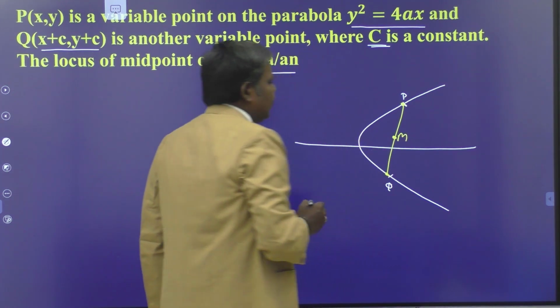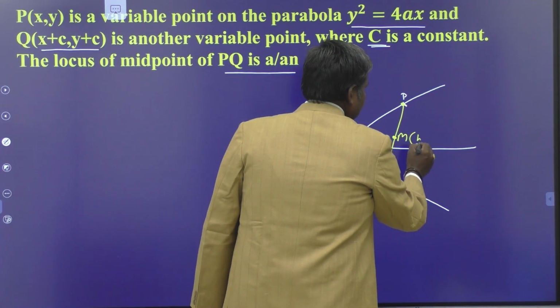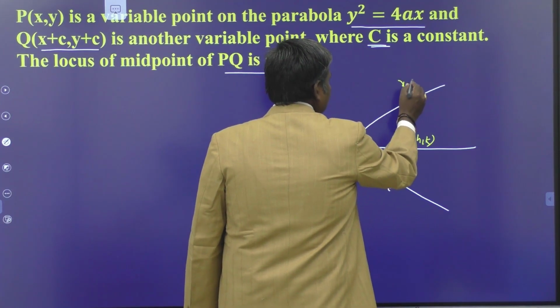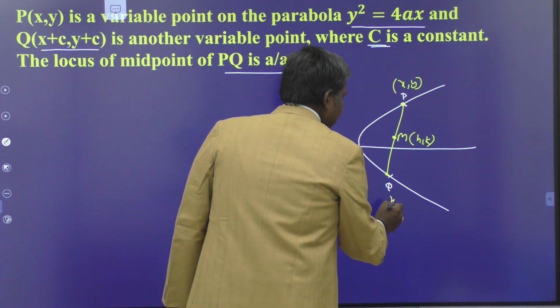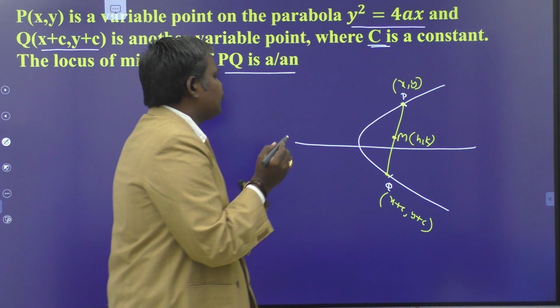Suppose let M be the midpoint of PQ, with coordinates h comma k. What is P? x comma y. What is Q? x plus c comma y plus c. Now it is very easy for you.